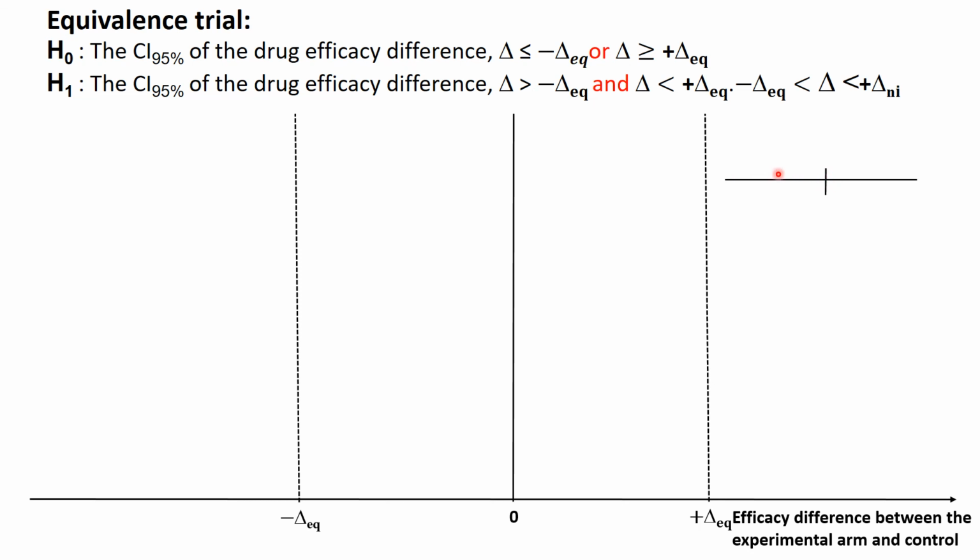This is the exact value, but it could take any value within this interval. We don't actually know the exact value, but this is what we call inferential statistics.